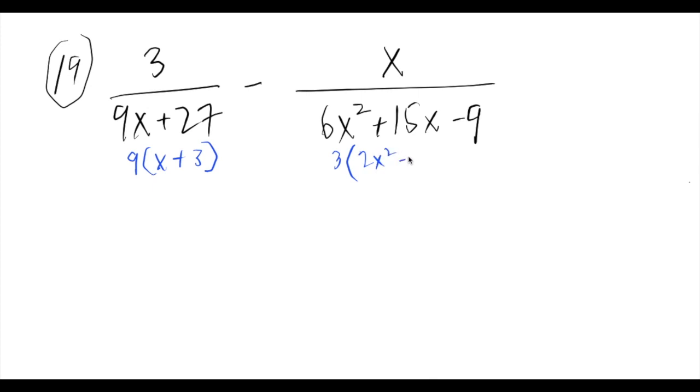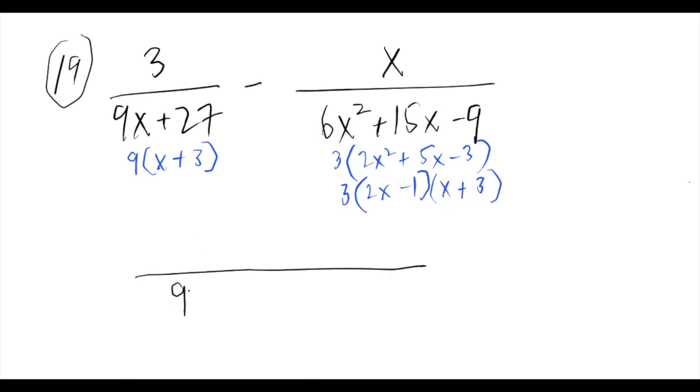We will have 2x squared plus 5x minus 3. Factor pa natin to further. We will have 2x minus 1 times x plus 3. Ang ating LCD dito would be 9 times x plus 3 times 2x minus 1. Yung 3 is factor lang ng 9. So, 9 na yung least common denominator natin dyan.